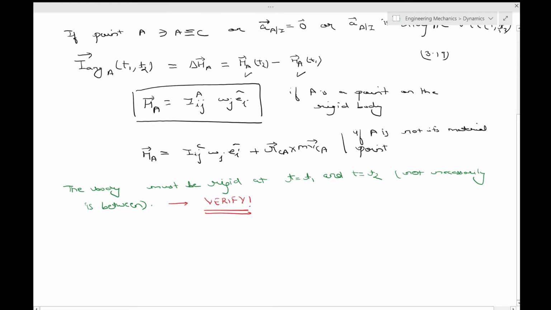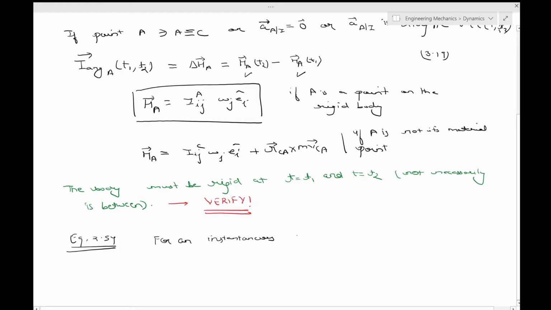Again, this is coming from equation 2.54. Please revise this. If you have not, please pause the video, go back, revise, and then come back. So for an instantaneous angular impulse, remember that T2 minus T1 was taken as tending to 0.